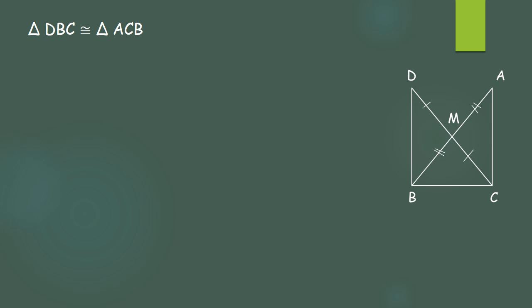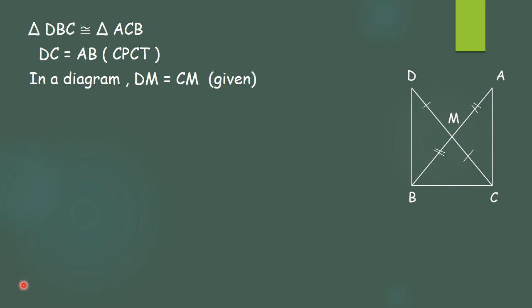So we have proved the third result, that the triangles are congruent. Now to prove the fourth result, CM is half of AB. In the third result we proved that triangle DBC is congruent to ACB, and therefore by CPCT we get DC equal to AB. Now, as given, CM is equal to DM. It indicates that M is the midpoint of CD.